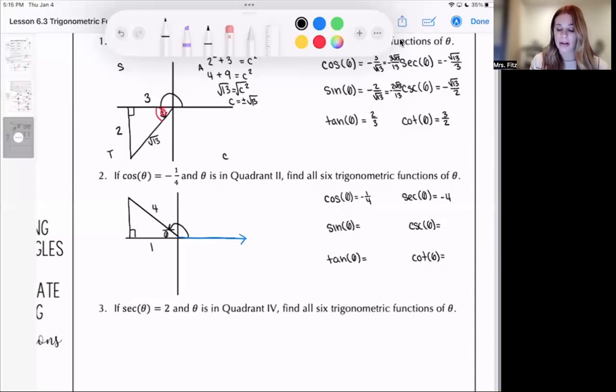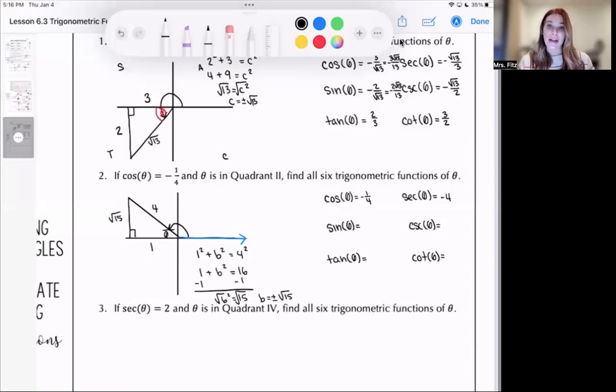And then we can use Pythagorean theorem to find that third side. So 1 squared plus b squared equals 4 squared. 1 plus b squared equals 16. Subtract 1, and b squared equals 15. Square root both sides, and b equals plus or minus root 15.